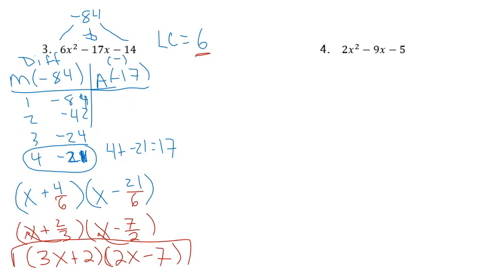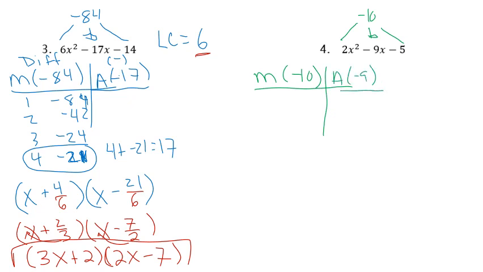And then finally for this last problem, same thing. We're going to do 2 times negative 5, which is negative 10. And it adds to a negative 9. So factors that multiply to negative 10, but add to negative 9. And then our leading coefficient is going to be a 2.